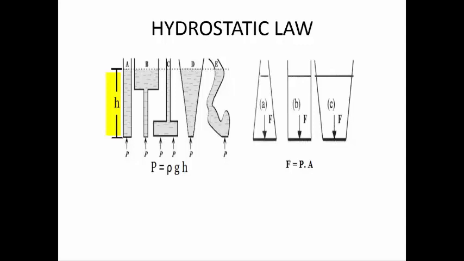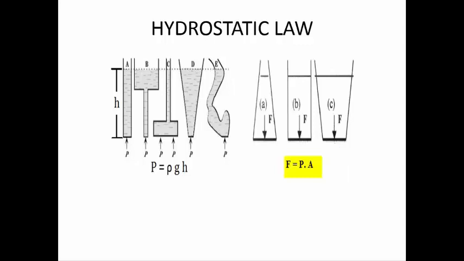Now if you want to see the force generated by this particular pressure, the force is equal to pressure multiplied by area. In this case, the amount of liquid present in the cases is different; you have less fluid in one, whereas here you have the maximum amount of fluid.